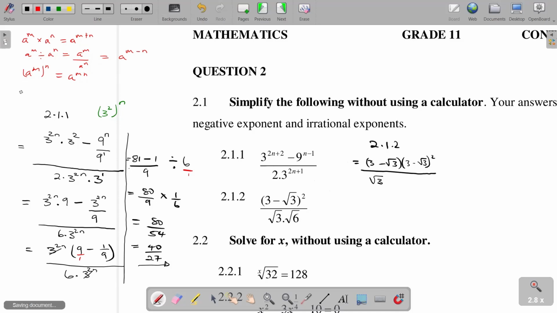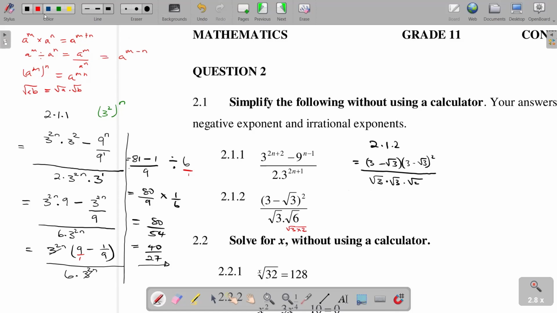We have to know that root AB is equal to root A times root B. Since 6 can be written as 2 times 3, root 6 can be written as root 3 times root 2. So we separated it there.